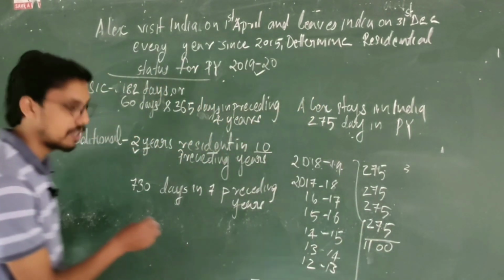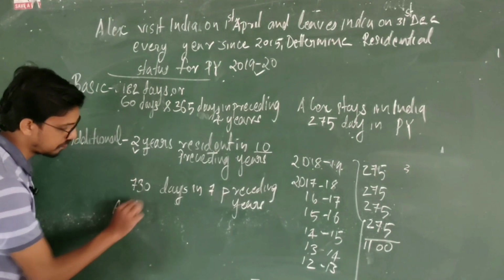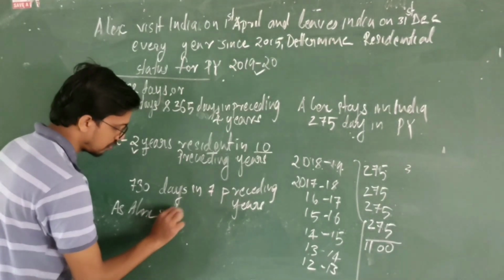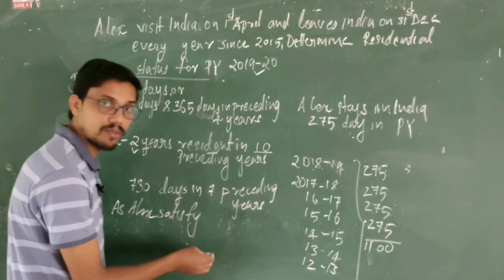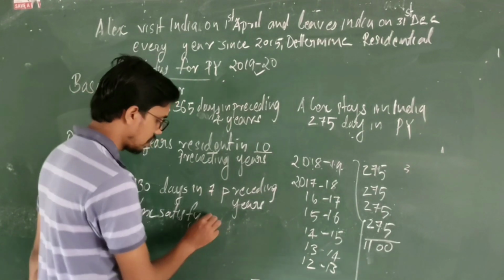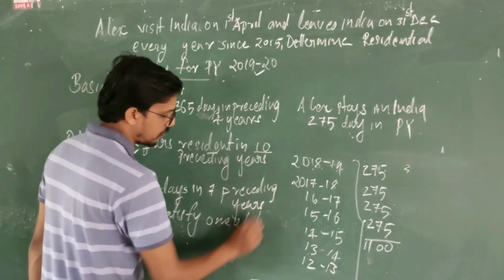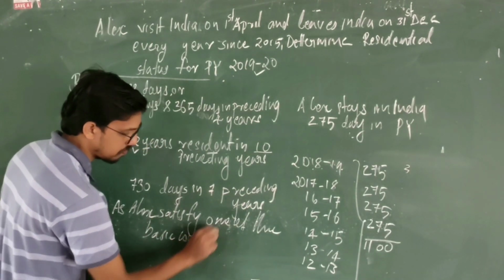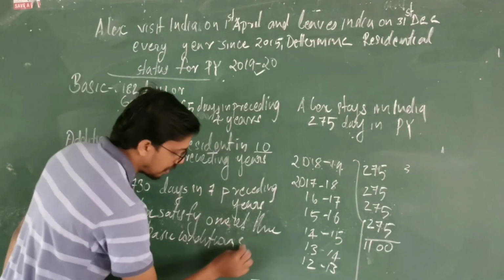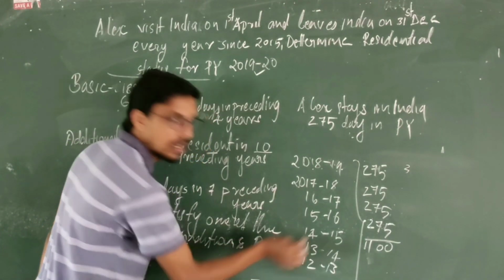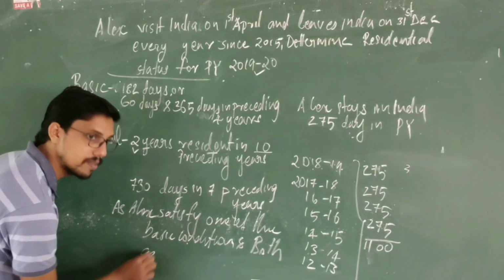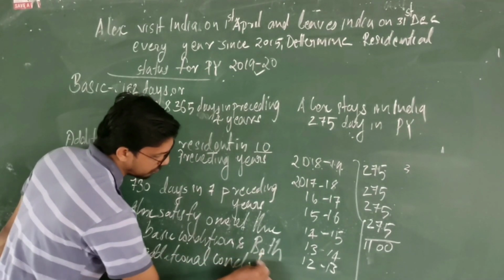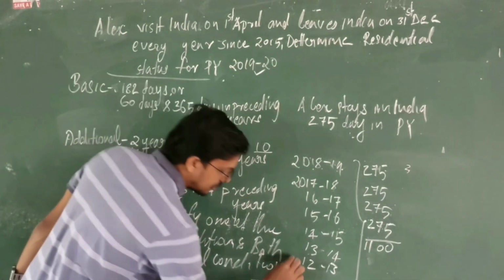So we can take down: Alex satisfies one of the basic conditions and both additional conditions, he is a resident.